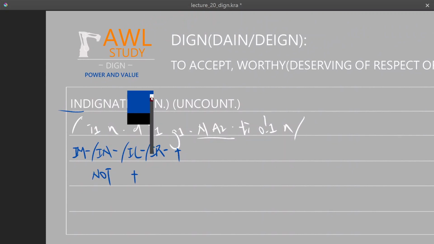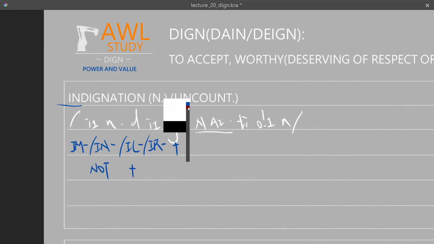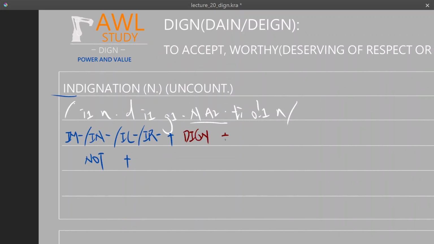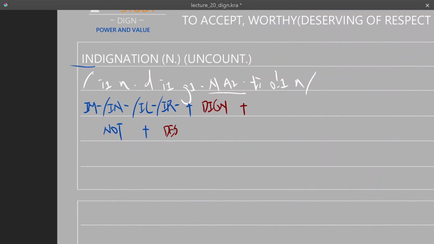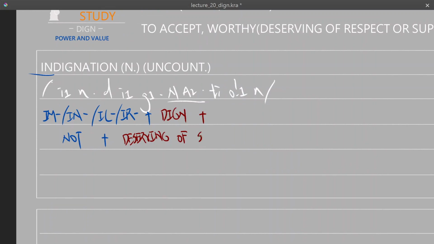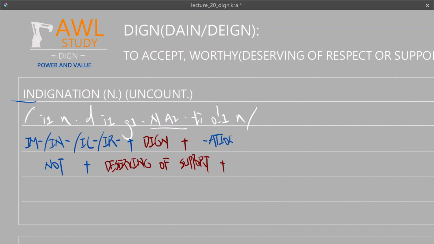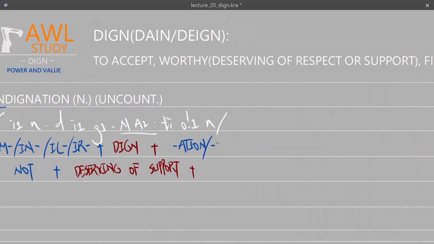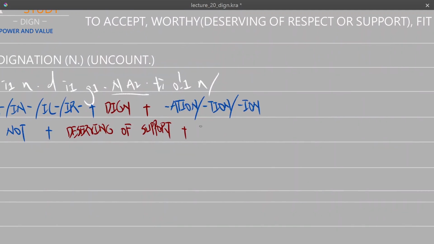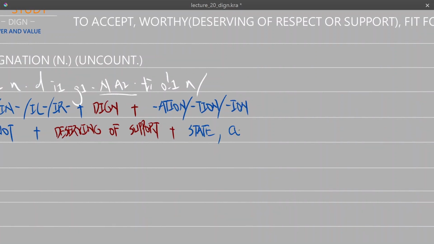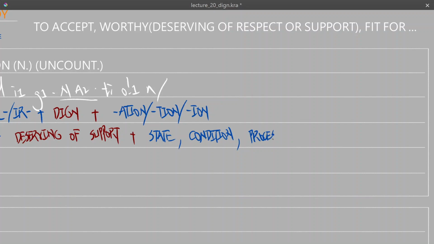And we have the root DIGN, meaning deserving of support. And we have the noun suffix ATION, and remember we have the variants ION. Literally means state, condition, process or result.